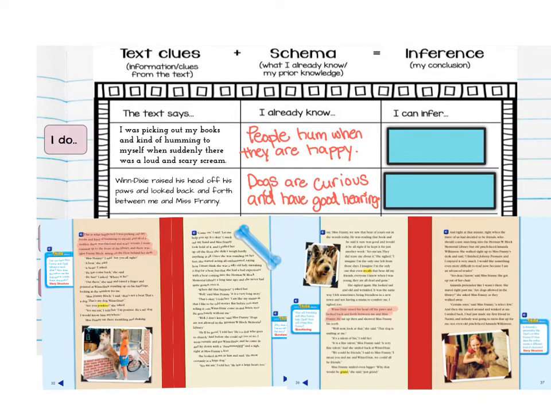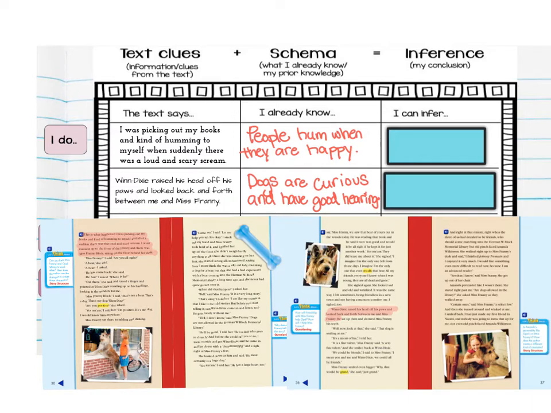As I'm modeling, I'm going to be using this graphic organizer that says text clues, which we know is information or clues from the text, plus our schema, what we already know, or our prior knowledge, to lead us to our inference. So I am going to be going back to our text, Because of Winn-Dixie.